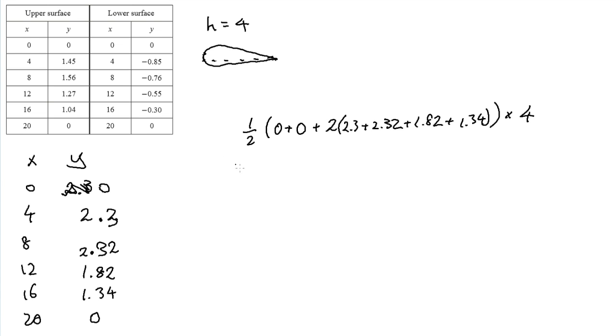Now the half and the height can cancel to give 2. And since the 0 doesn't matter, just ignore it, and using your calculator, add all the values together.